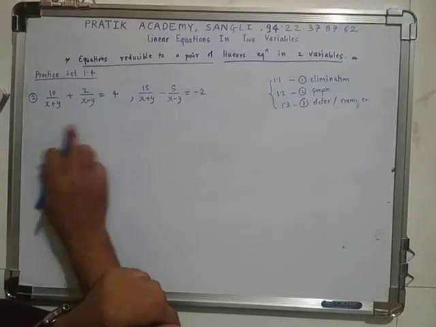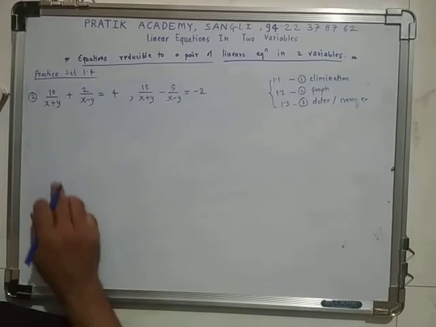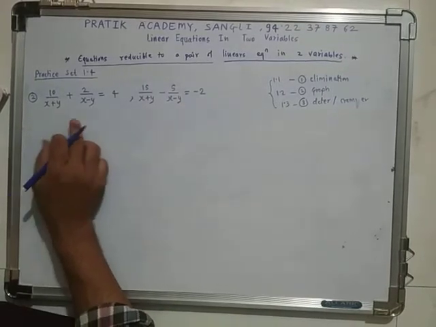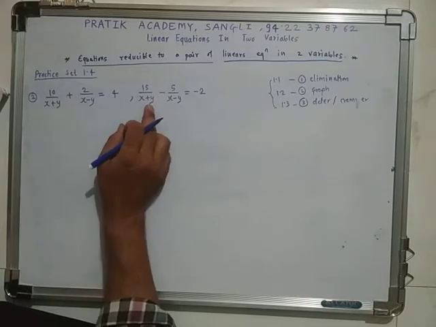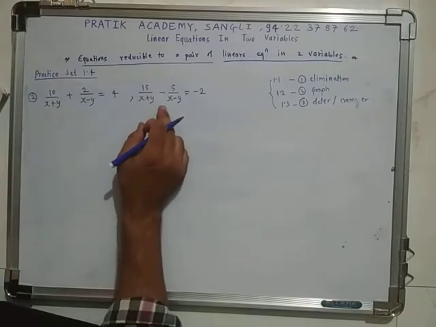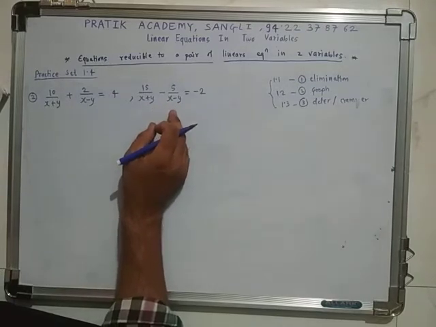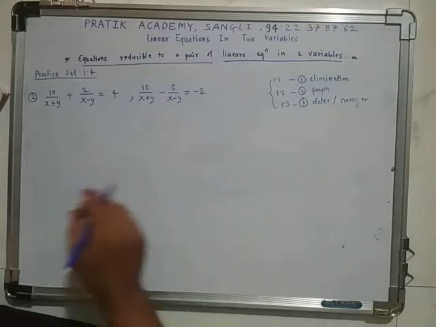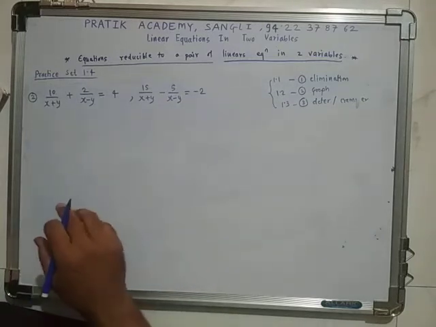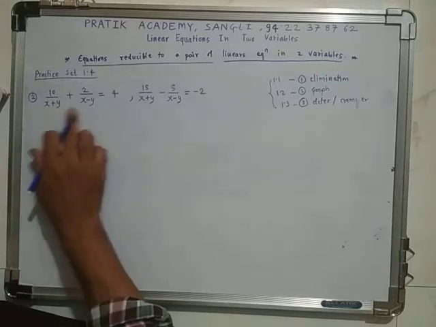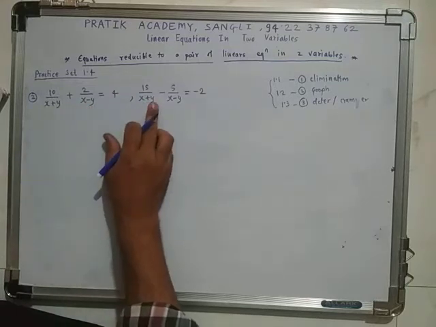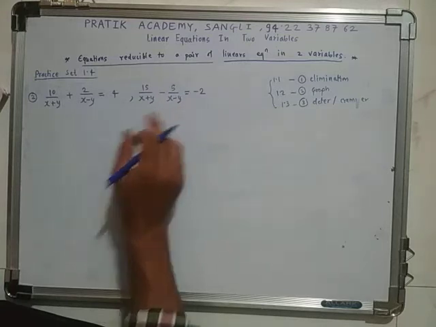Okay, this is our next problem, problem number 2. 10 upon x plus y plus 2 upon x minus y is equal to 4. 15 upon x plus y minus 5 upon x minus y is equal to minus 2. So here again each term contains the variables x plus y, x minus y.